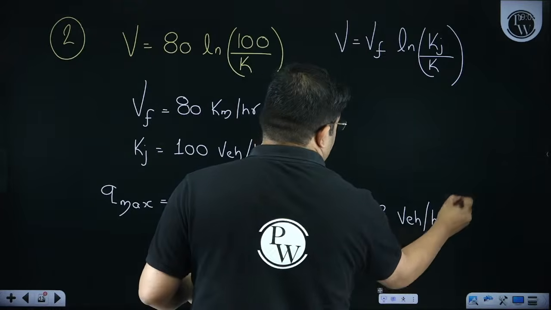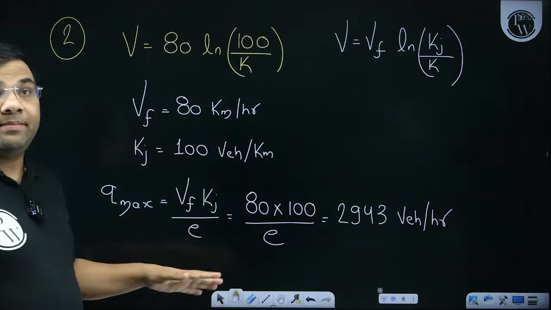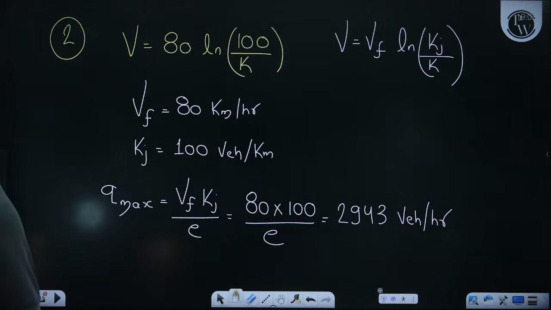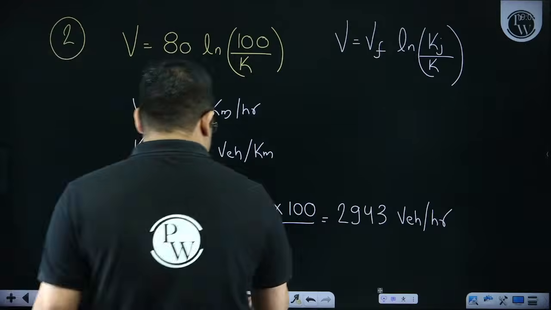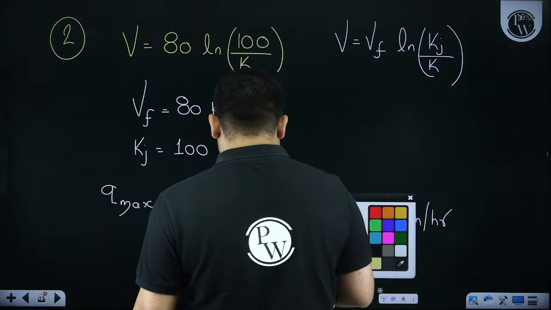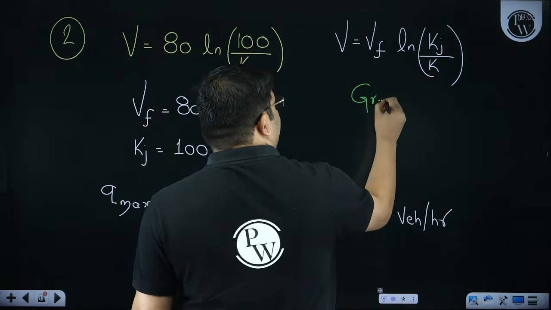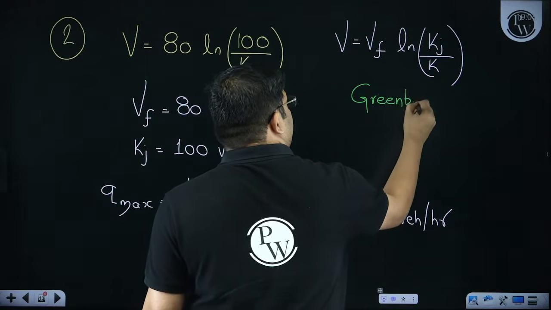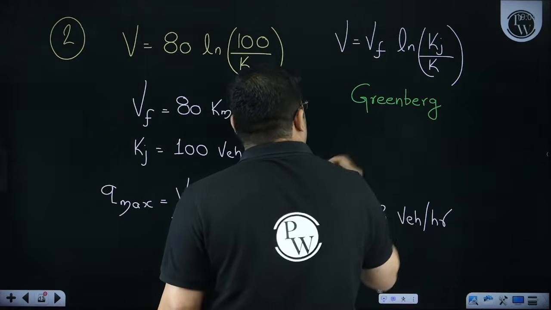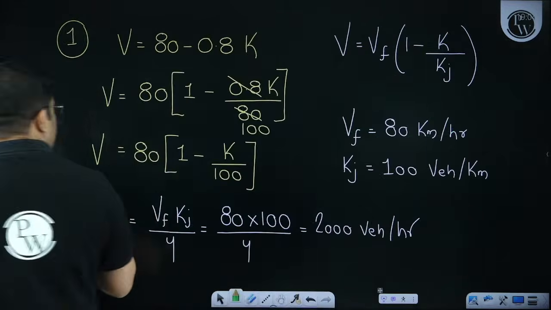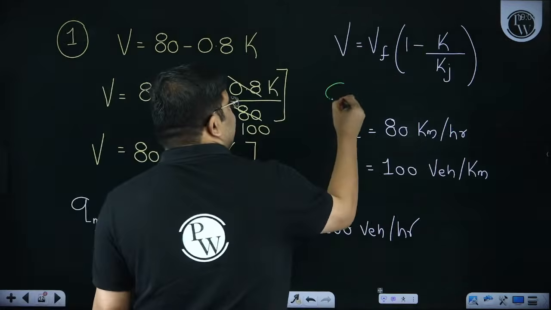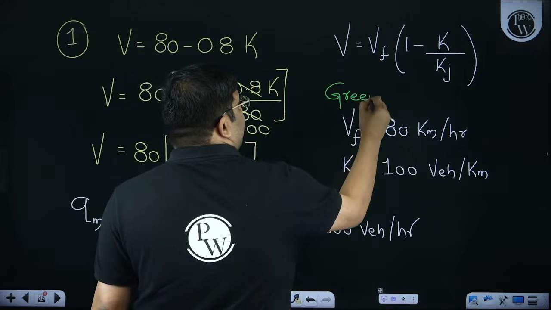So you can see that the maximum flow equation changes. This is your Greenberg model, the logarithmic model, and this is your Greenshields model.